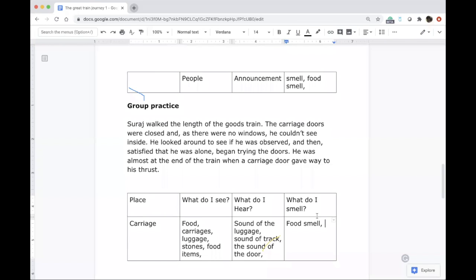Okay. Gokul, you have an example? Sir, in the garage, where the food items will be there, no, sir. Yes. That smell also can come. Yes, very good.